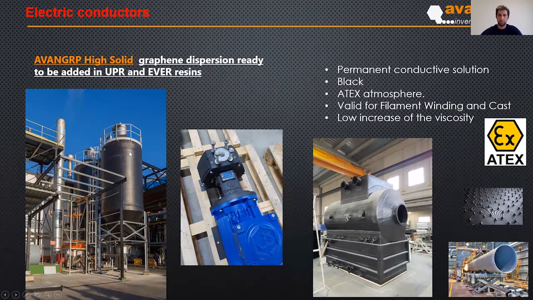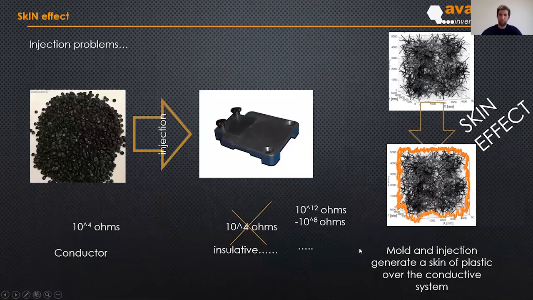Even if you work with epoxy resin, you can produce this for very aggressive atmospheres. Not talking about static, talking about corrosive or this kind of system. Okay, this is a system that has been on the market for many years.